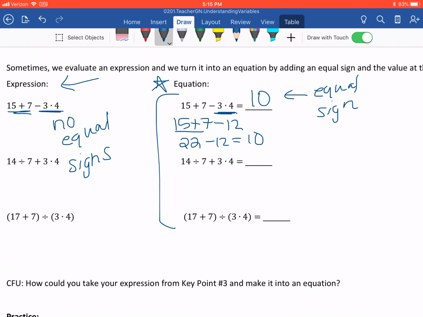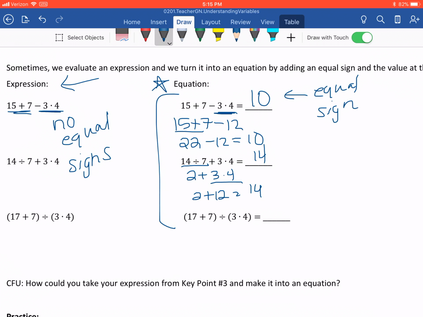Next part, 14 divided by 7 plus 3 times 4. From GEMDAS, I should remember, division is on the left, so I do it first. 14 divided by 7 is 2, plus 3 times 4. Next one, I multiply first because it is above addition on GEMDAS, so 2 plus 12 equals 14.